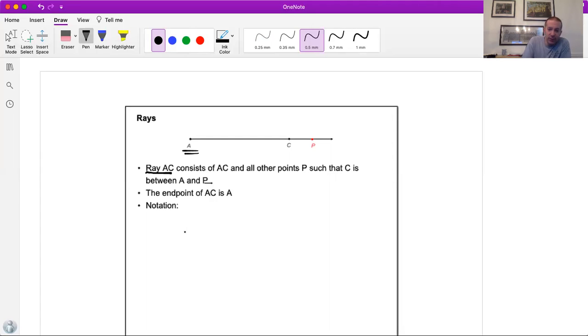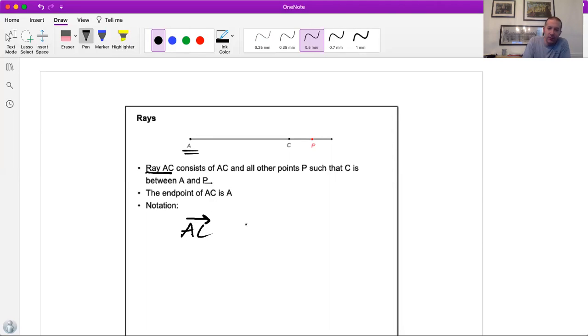The notation for these is this. You write AC, and then you write an arrow like this. This arrow always looks like this in the notation, even if the ray is going the other direction. You always write the notation like this.